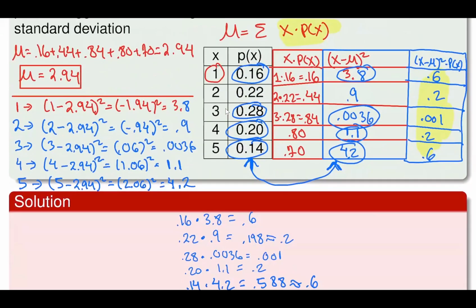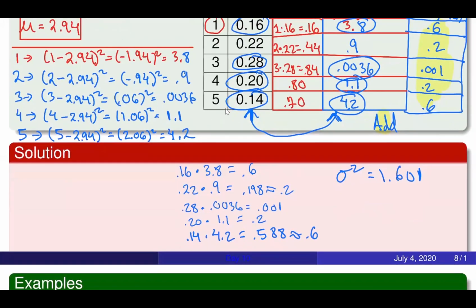So once we add all of these up, what do they add up to? All right, cool. Thanks, Ashley. So they should add up to 1.601. And this is your variance.